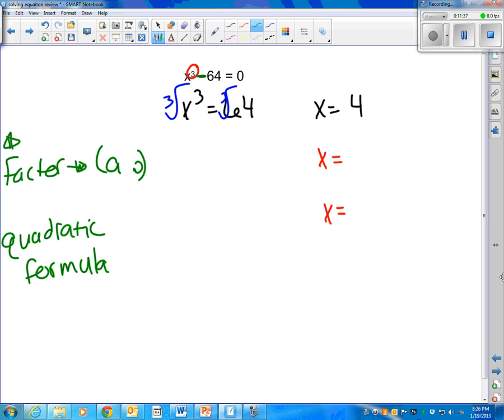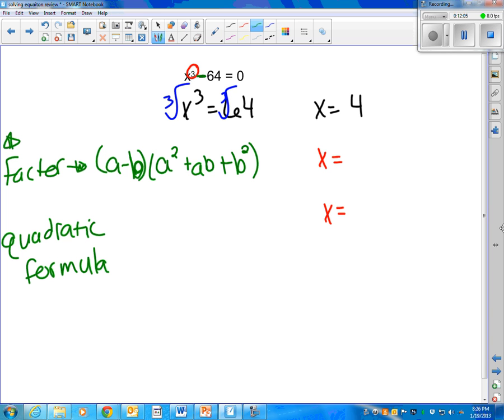So change that. Times a squared plus ab plus b squared. Again, if you're not sure about that formula or how to use it, look back at lesson 6.4.